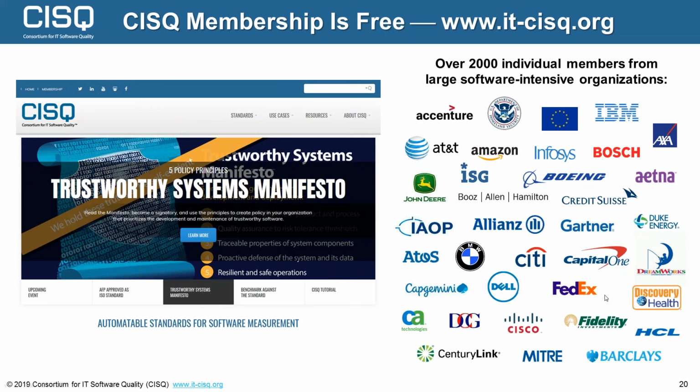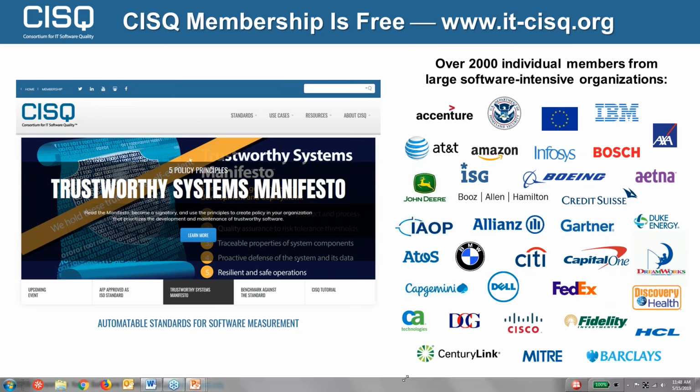Great, thanks. Next question. Since thousands of software firms are small or very small, are you going to provide tools to help them apply the automated measurements? Yeah, CISQ itself won't build tools. We're a standards organization, but the standards are available for free. Unlike ISO and some of the others, these are free.